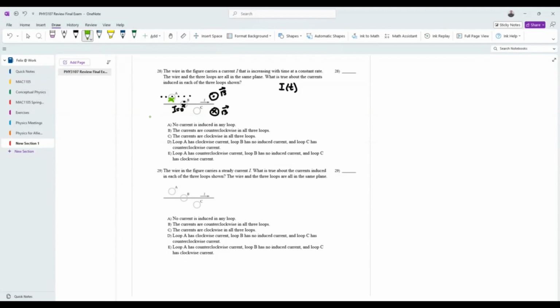So the magnetic field due to the new current induced in the inner part of the ring would be opposite, entering into the plane, because the magnetic field due to the straight wire is leaving the plane. So the only way that is going to happen is if the current here is clockwise.